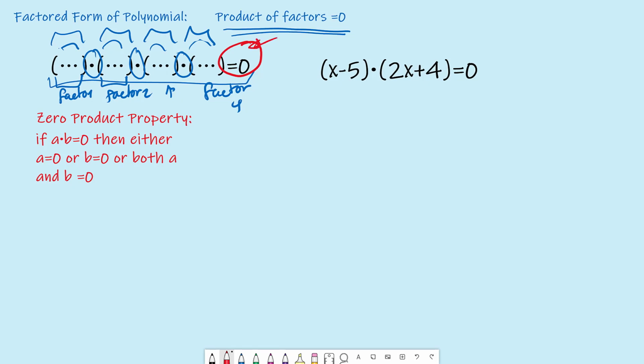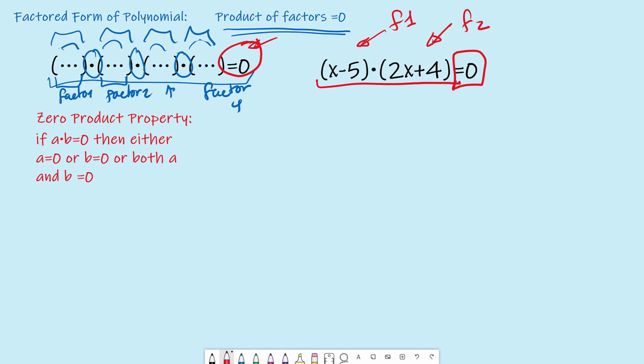So when we have that form, and we have an example here where factor 1, we'll write f1, is x minus 5, and factor 2 here is 2x plus 4. Their product, multiplying the two of them, equals 0, right? So that's important.